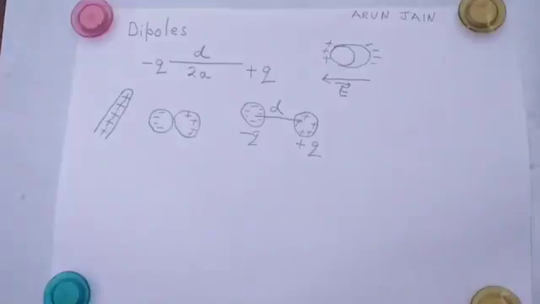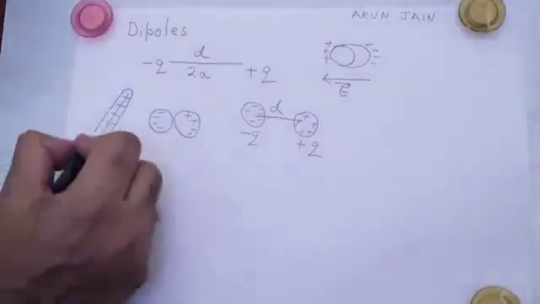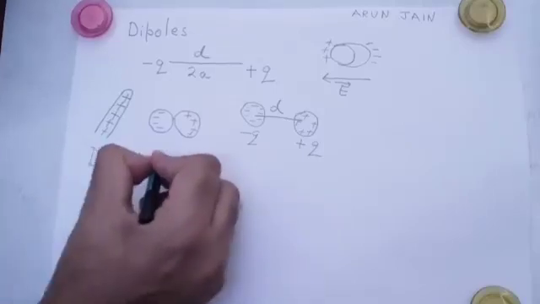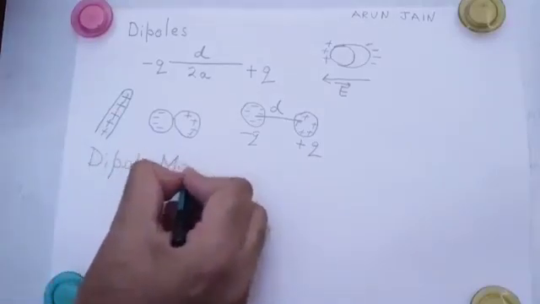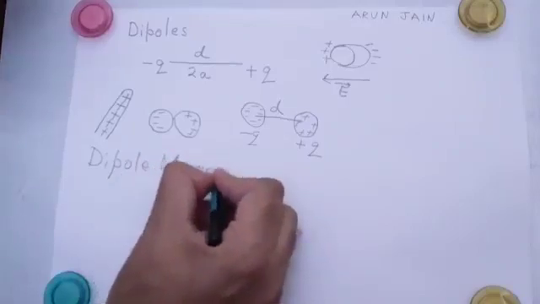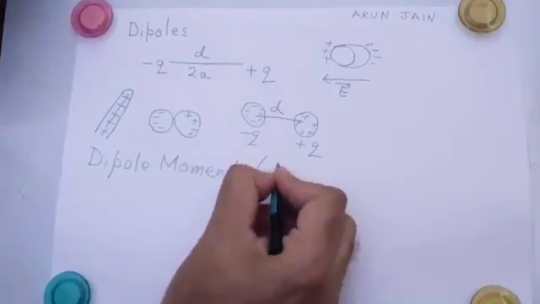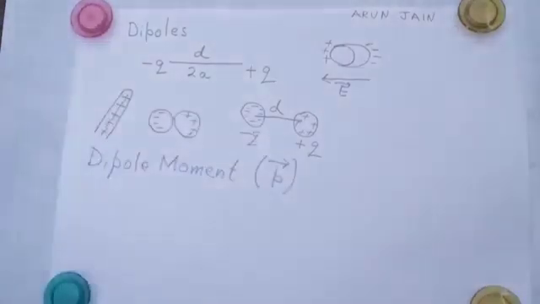A dipole has a very important property called dipole moment, P vector. This dipole moment is a vector and is directed from minus charge to plus charge. All the other properties that we'll be discussing are directed from plus to minus.